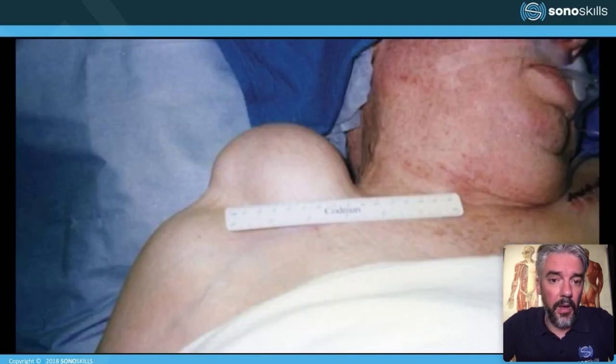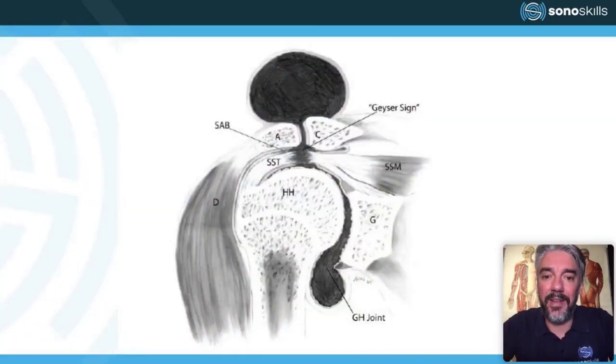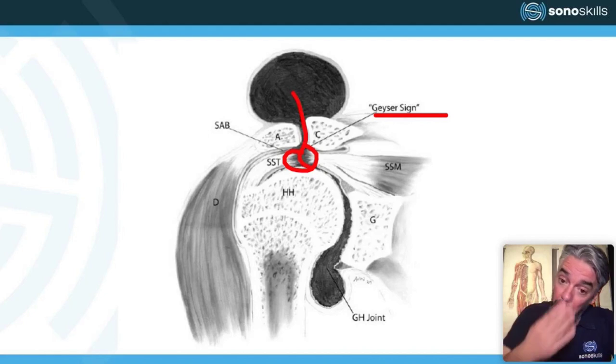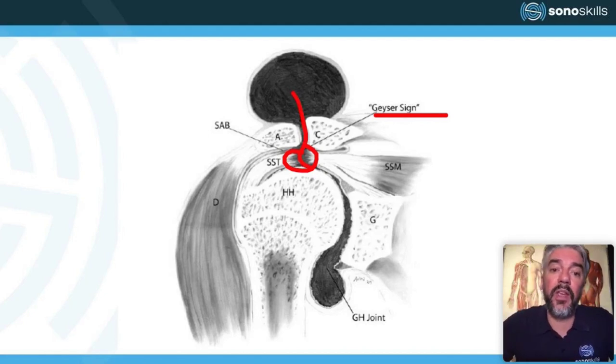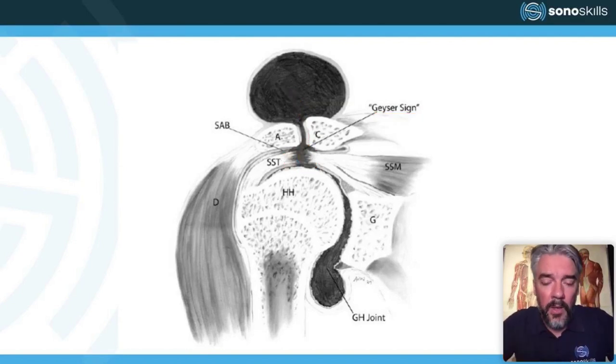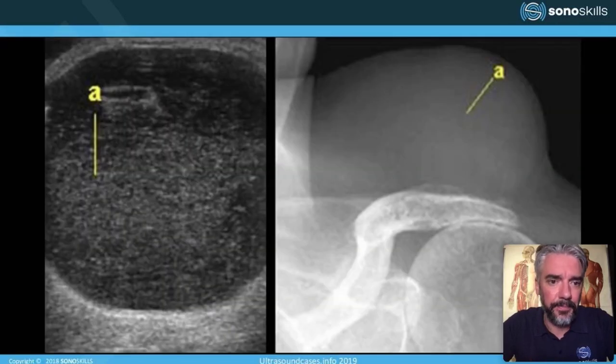You don't have to use ultrasound to see that there is a swelling here or a tumor. This is a geyser sign, and this geyser sign happens if there is a tear in the rotator cuff. Fluid collections might pop out of the glenohumeral joint and go through the AC joint, and then suddenly we have this bulging. Actually, yesterday in the clinic, I had a patient, not as extreme as this one, but definitely a geyser sign.